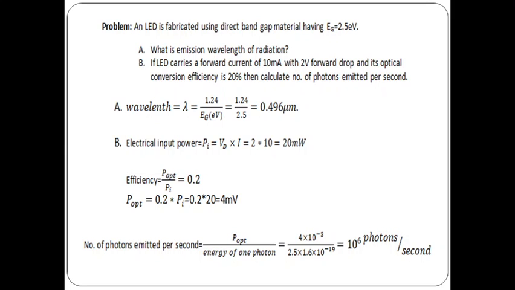Optical power equals 4 milliwatt, which is 4 into 10 power minus 3, and the energy of one photon is nothing but the energy gap of the material, 2.5 electron volt, and we need to write it in joules, so it is multiplied with 1.6 into 10 power minus 19. So 4 into 10 power minus 3 by 2.5 into 1.6 into 10 power minus 19. From that we get 10 power 6 photons per second.